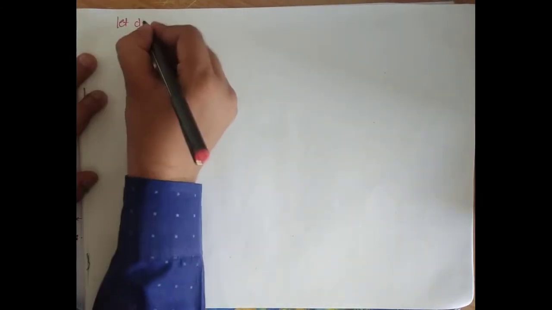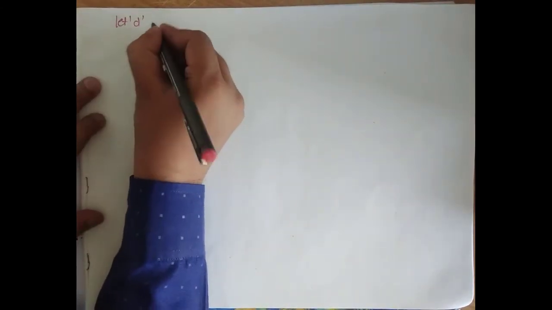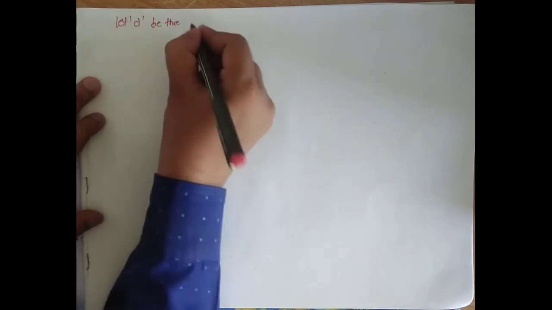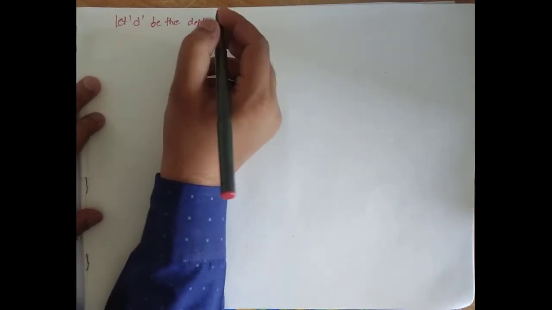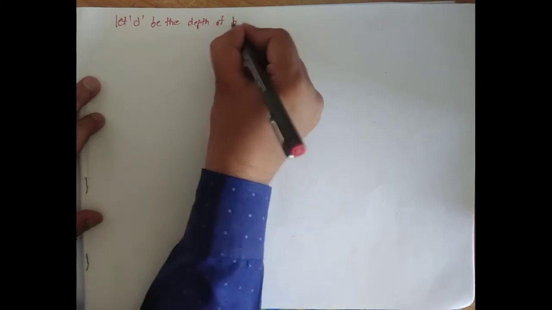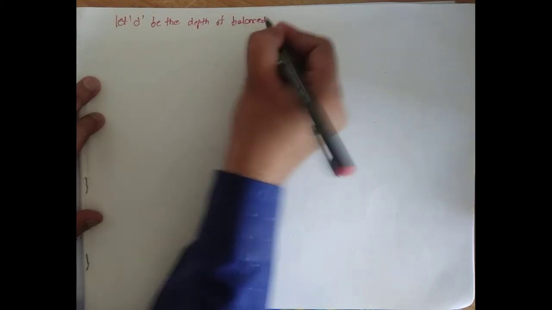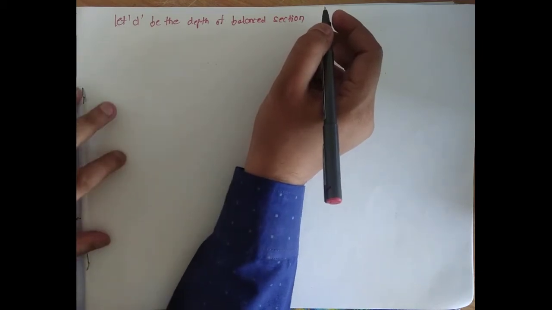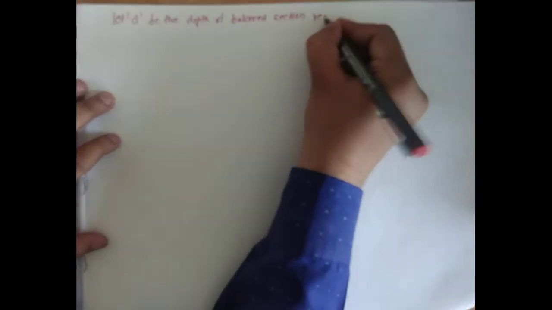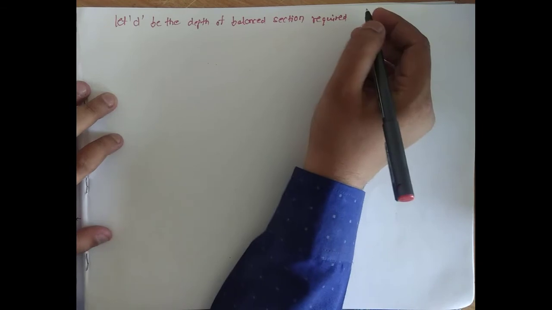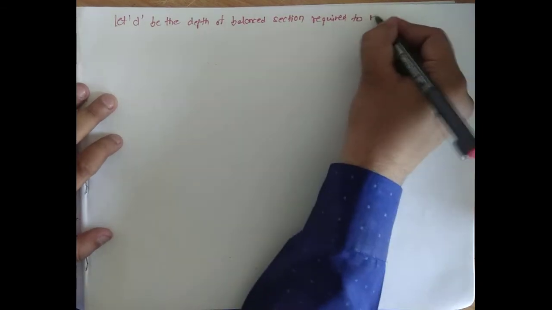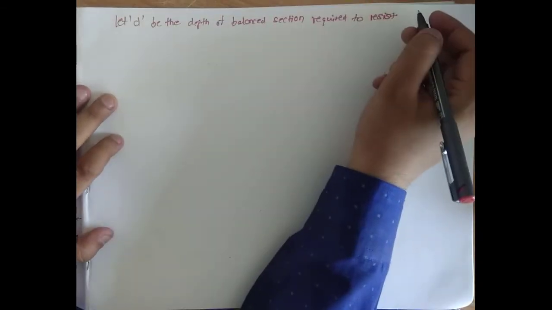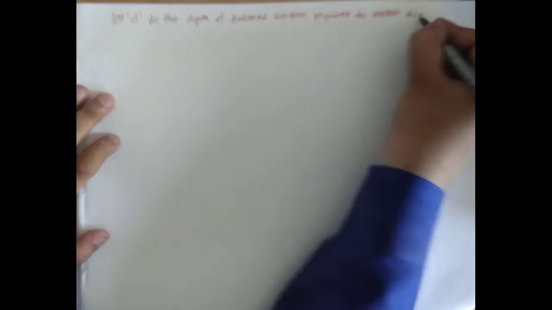Now let D be the depth of balanced section required to resist this moment.